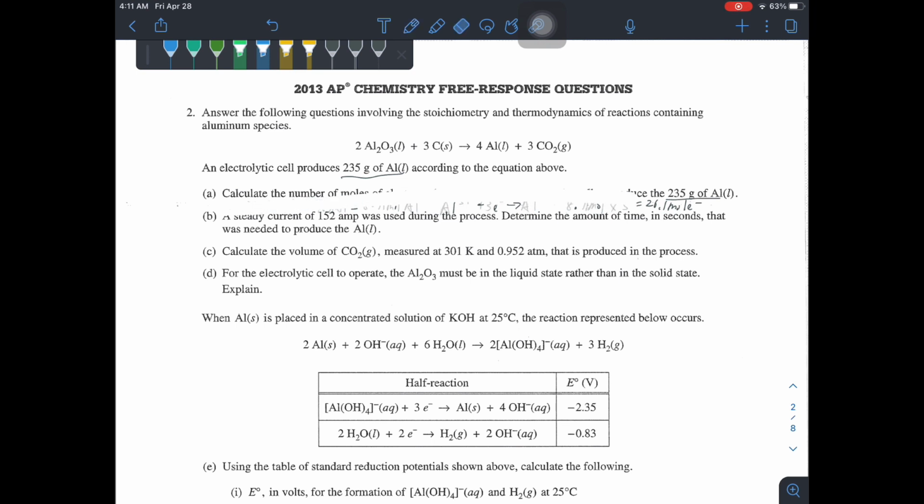And let's look at question B. Let's first erase question A. So question B is asking us the amount of time in seconds that was needed. In order to calculate this, we will have to use the other formula, which is charge is equal to moles of electrons times the Faraday number.